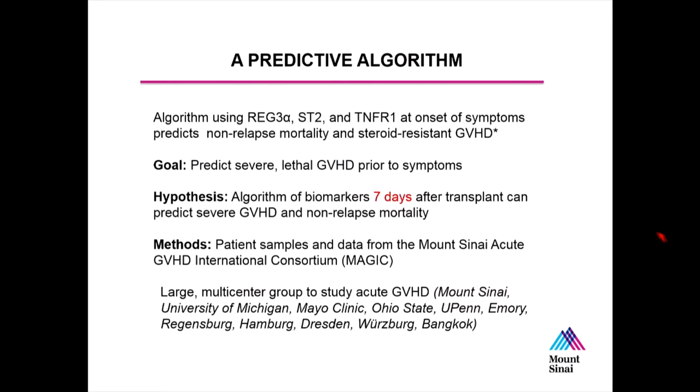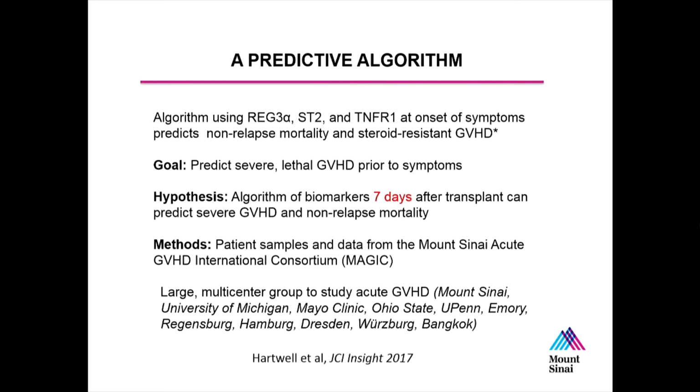The participating centers are shown here: Mount Sinai, the University of Michigan, Mayo Clinic, Ohio State, University of Pennsylvania, Emory, Regensburg, Hamburg, Dresden, Würzburg, and Bangkok. So this is a multi-continent, multi-center data set, which we deliberately have made so that we could try to develop an algorithm that would be applicable in any patient in any hospital.